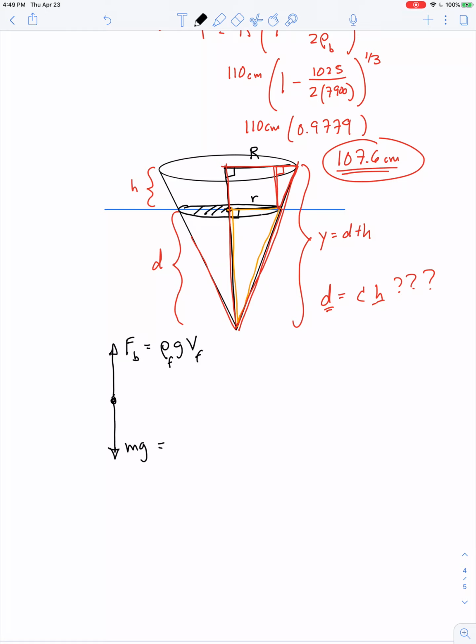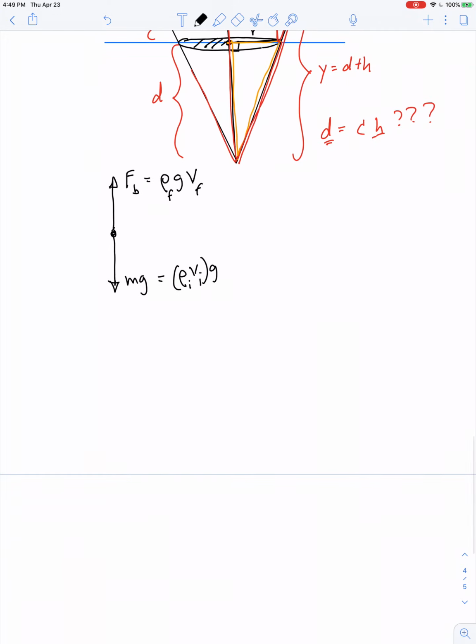We can replace mg with rho v times g, and here we mean the density of the iceberg times the volume of the iceberg. So if we set these two equal to each other, density of fluid times volume of fluid times g equals density of iceberg times volume of iceberg times g, then the g cancels out.